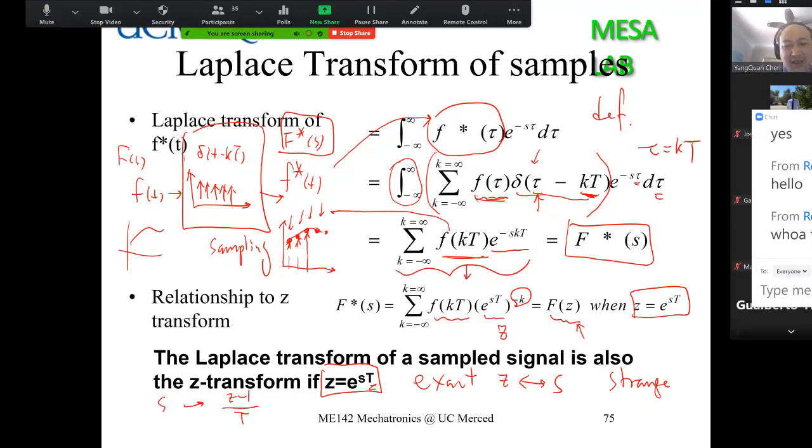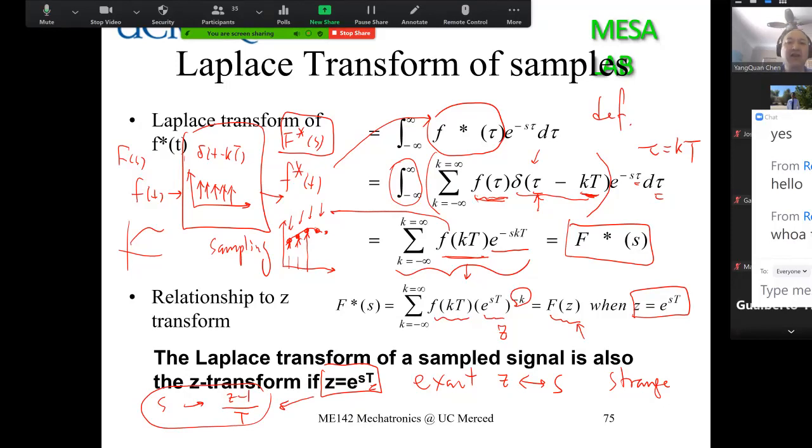Okay, I would like to say it is not so strange. So we are going to see. This is exact, and this can be approximated. Let's try and see.